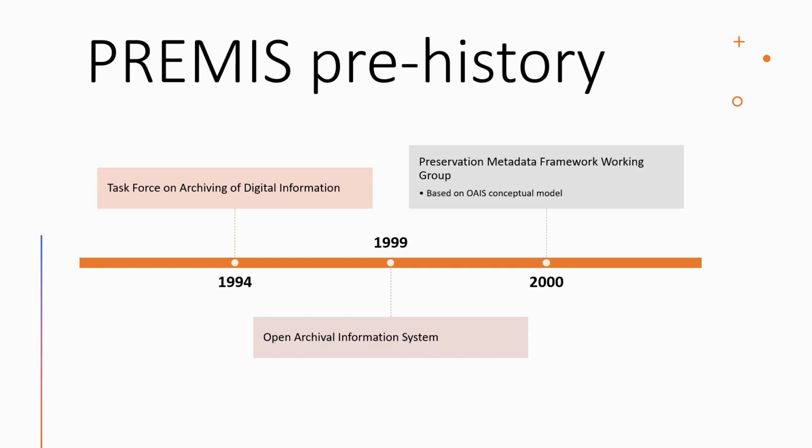The Preservation Metadata Framework Working Group was charged in 2000, and in 2002, they issued their findings and a proposed list of metadata elements, which provided a path forward to implementing the OAIS conceptual framework, but did not give enough detailed information on how to do that.